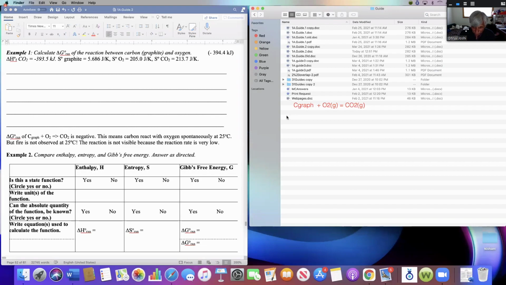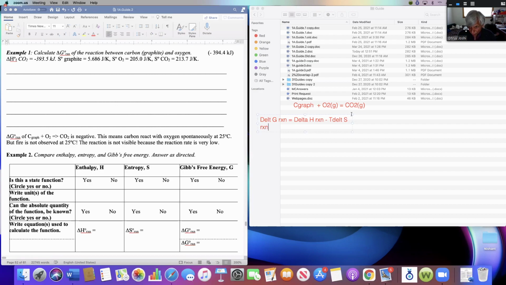We have the heat of formation, and it uses heat of formation and the entropy. So that's delta G reaction equals delta H reaction minus T delta S reaction.